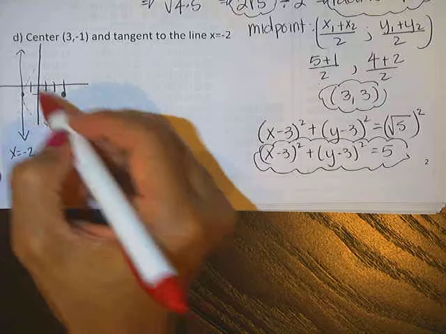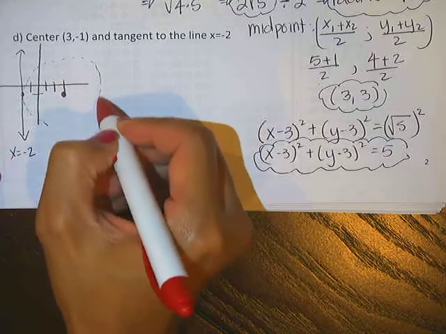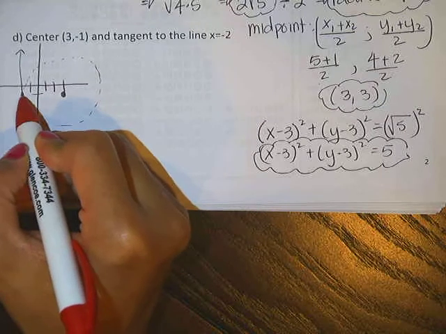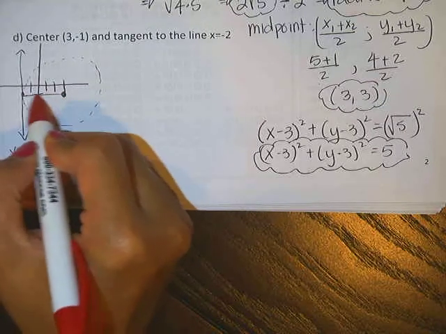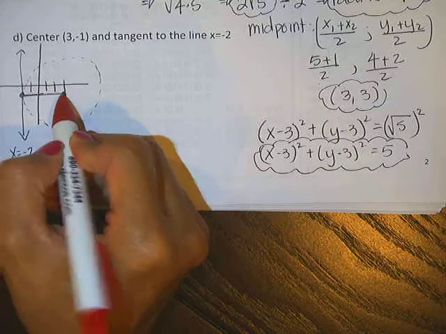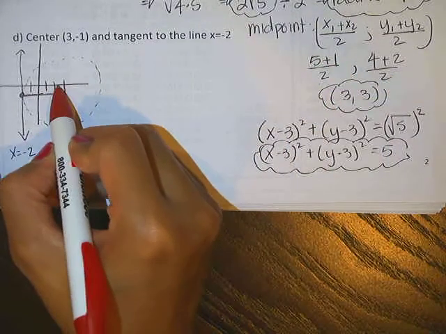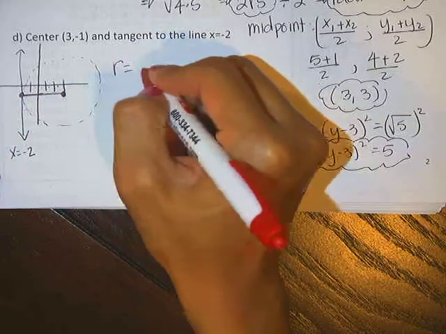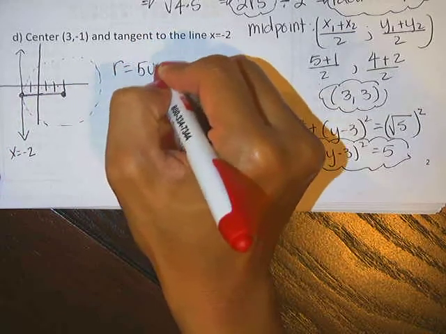If I touch it at only one point, then I would know my radius right away. I can just count. Here's my radius, and I can count 1 unit, 2 units, 3 units, 4 units, and 5 units. So the radius is 5 units, by counting.